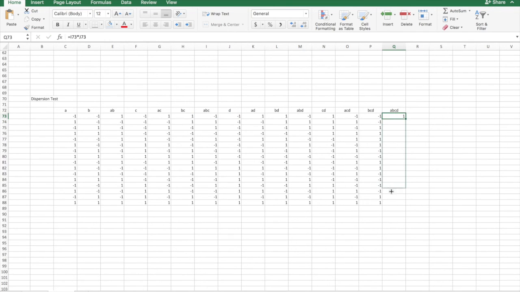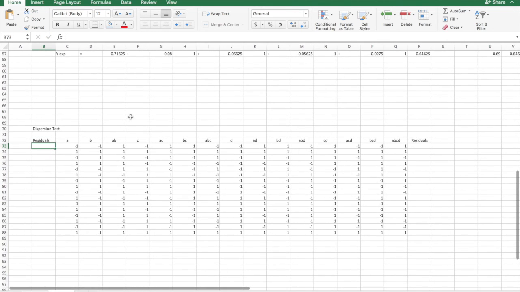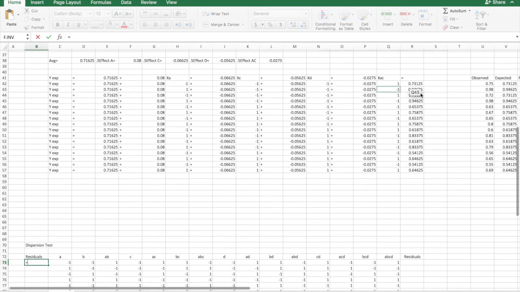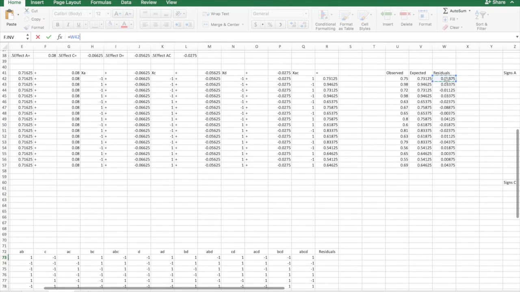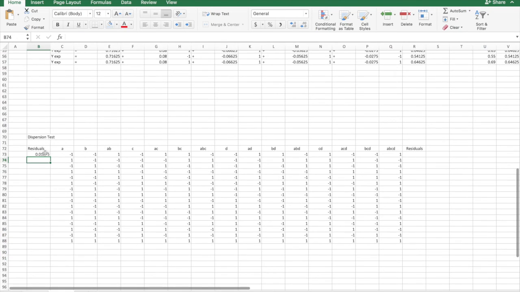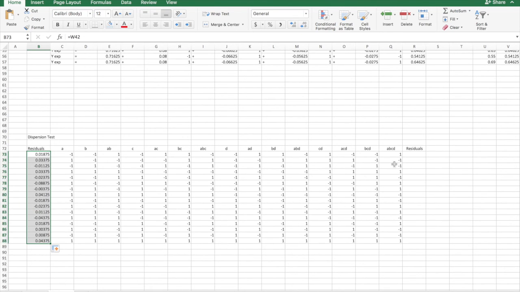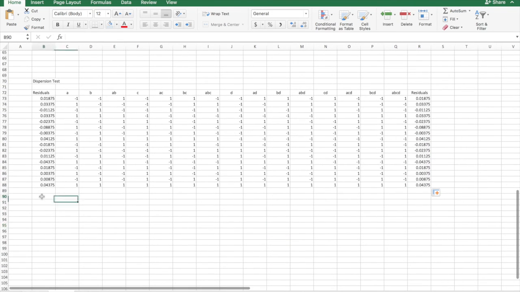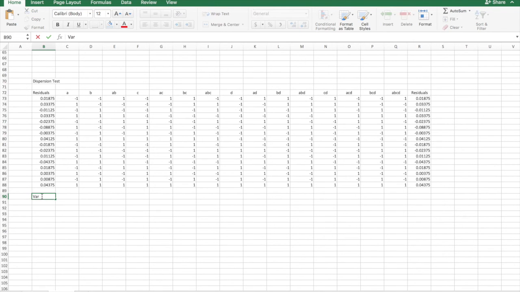Now we're going to put in here the residuals to visualize it better. The residuals here, then here also. And what we're going to do is calculate the variance when the variable is high.